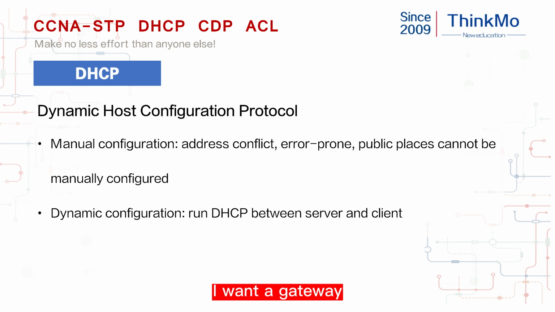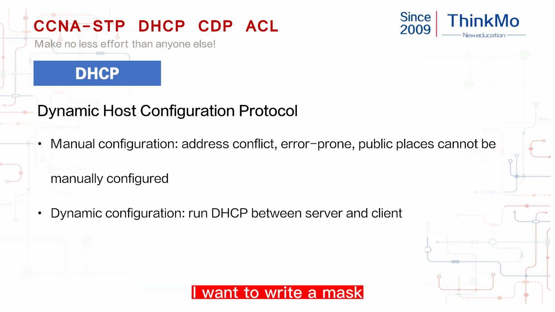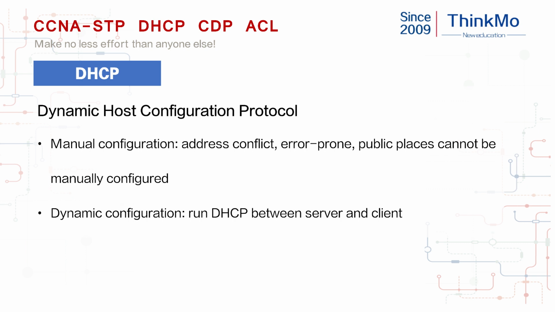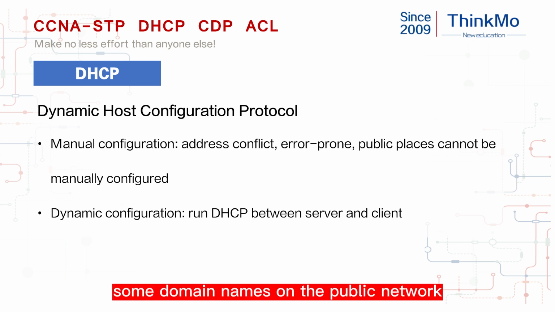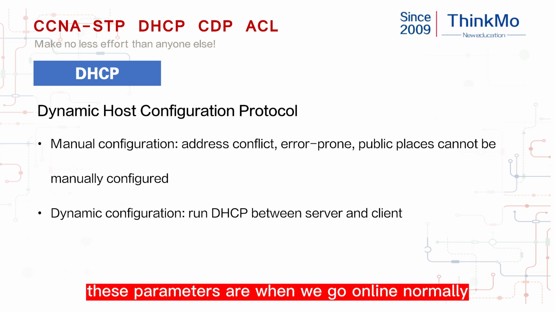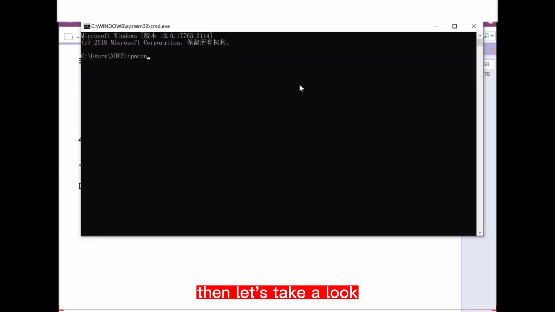I want a gateway, we also need to manually configure. I want a mask, also requires manual configuration. In the future, use this device to access some domain names on the public network, I have to request its IP. So how do I know its IP? DNS is also configured. These parameters are some parameters to assign when we go online normally. Then let's take a look.